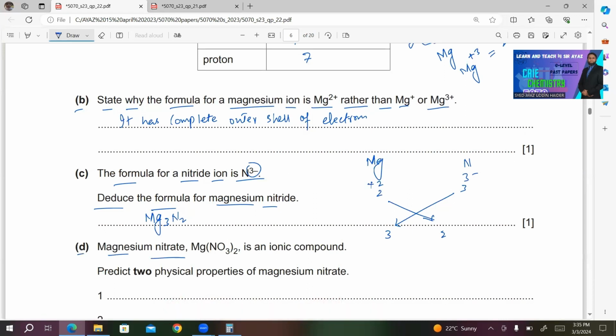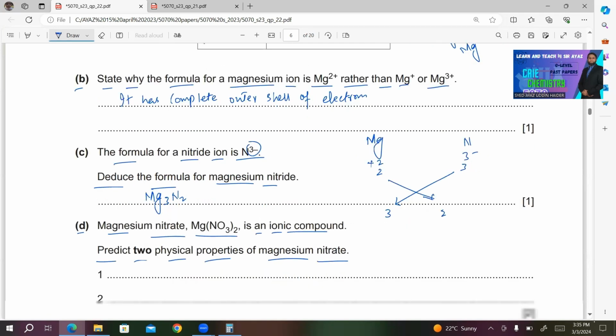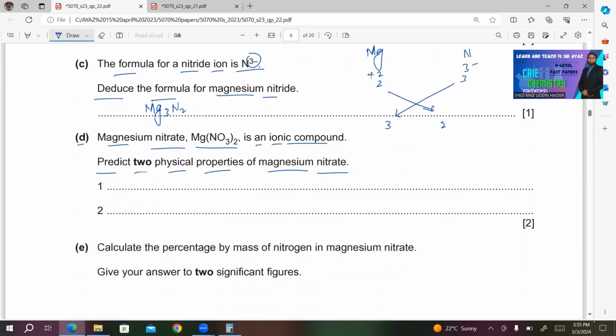The magnesium nitrate, Mg(NO3)2, is an ionic compound. Predict 2 physical properties of magnesium nitrate. Now they are asking any 2 physical properties of magnesium nitrate. Any 2 from. So it must be in the solid state.